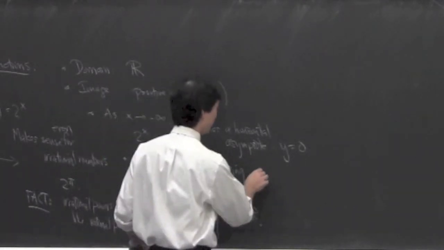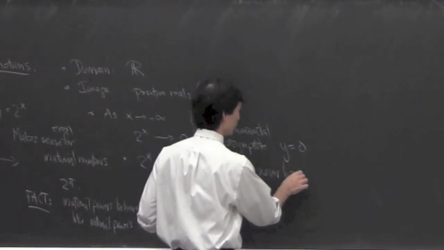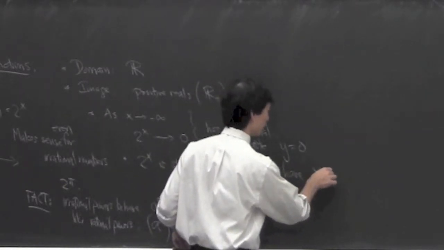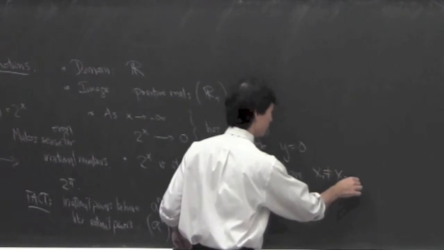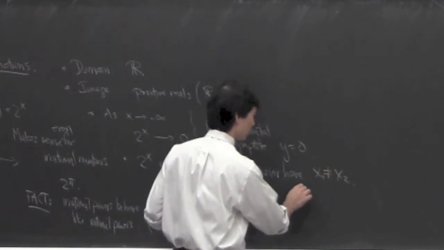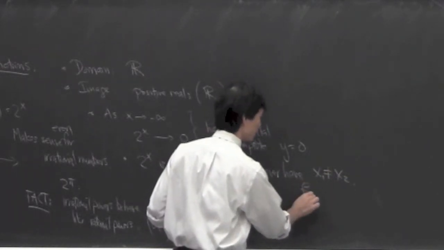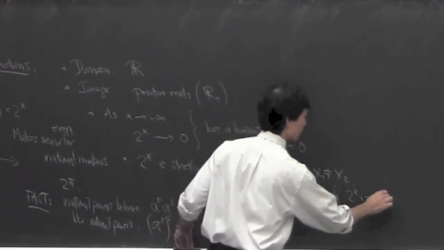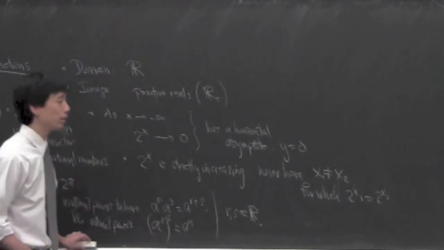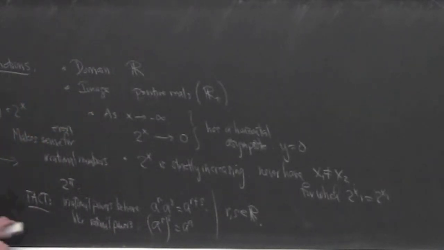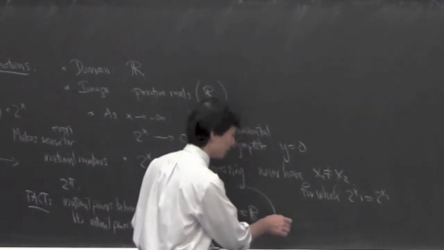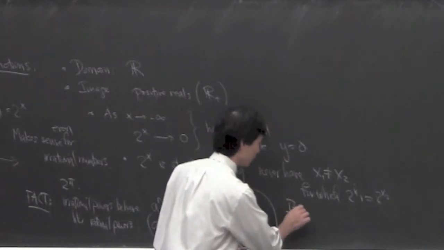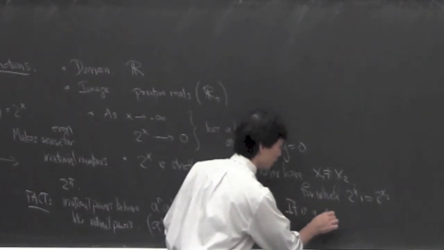So you never have two different inputs for which 2 to the x1 equals 2 to the x2. To say it more plainly, using the term that we defined before, it is a one-to-one function.